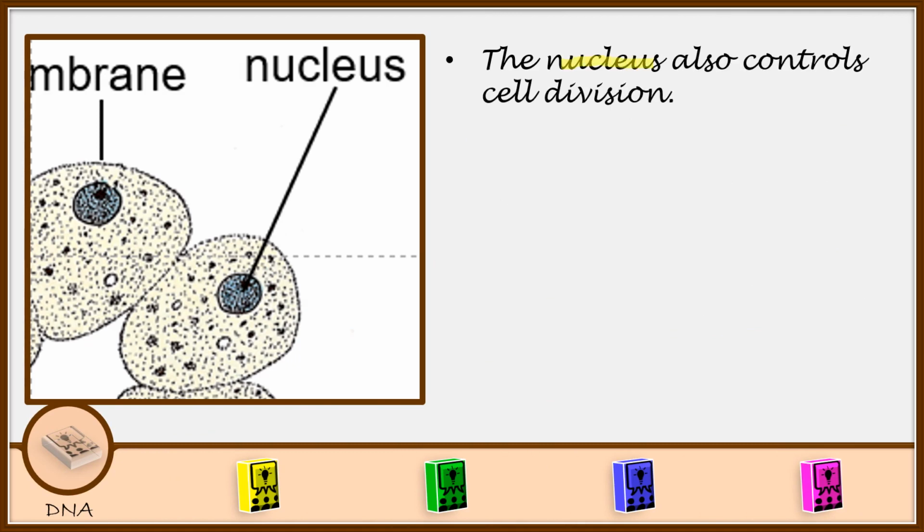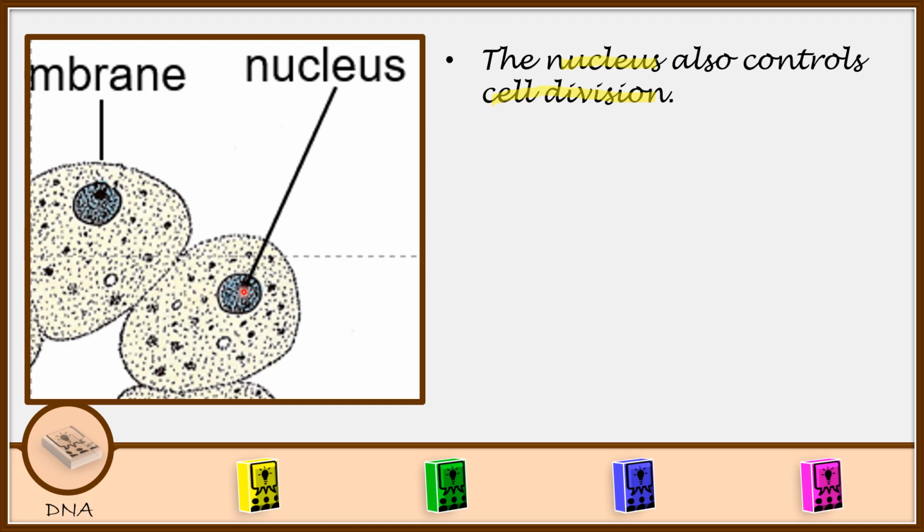The nucleus also controls cell division. In the nucleus, we have genetic materials, and those genetic materials are the ones that are responsible for cell division.